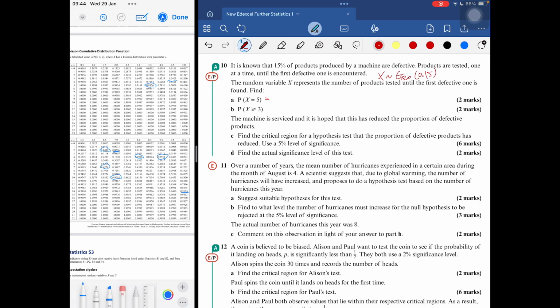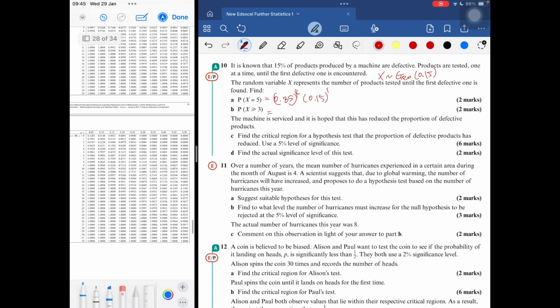I'm always confused about this. So usually I write it like 0.85 four times and 0.15 once, and X larger than or equal to 3.